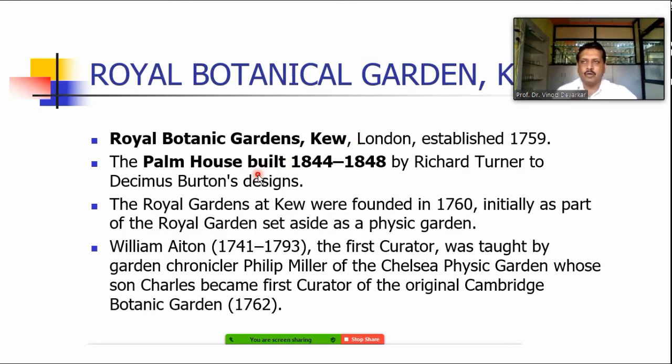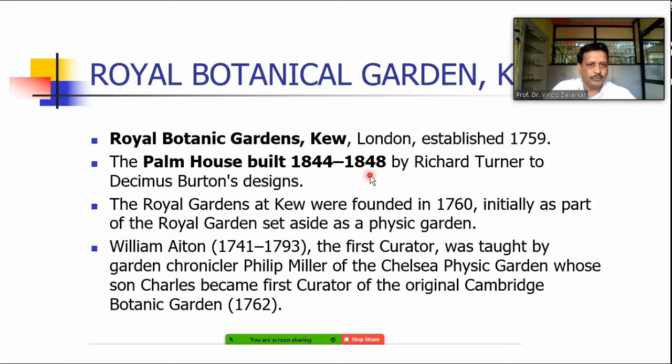They have been collected and planted there, and they are living in good condition. It is maintained by the Royal Botanical Garden, Kew, London. It was established in 1759. The Palm House was built from 1844 to 1848. It took around 4 years to develop by Richard Turner to the Decimus Burton designs.